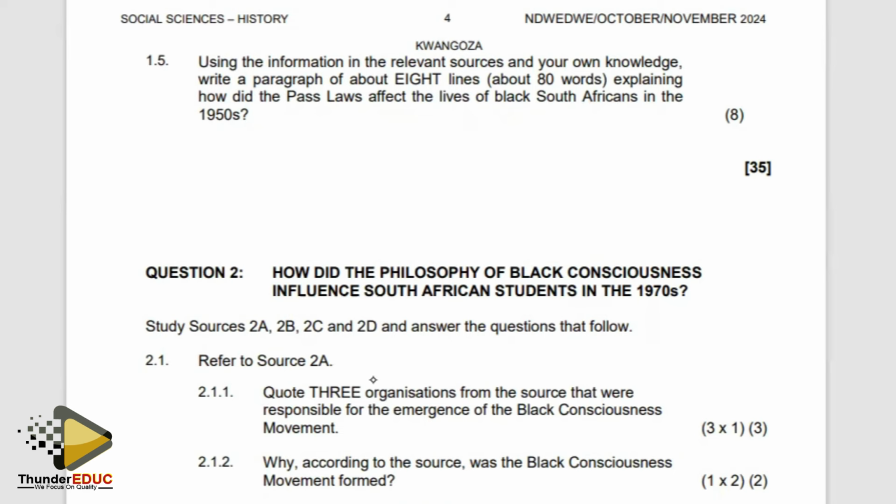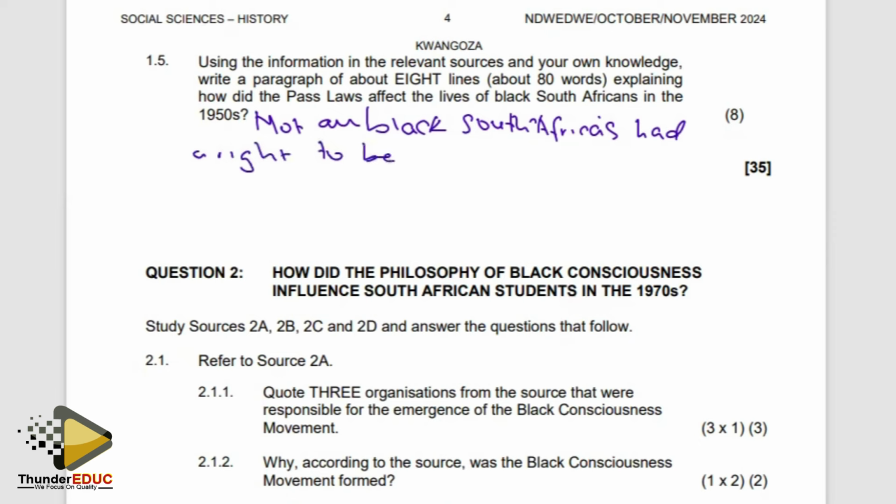For example, you can say, not all Black South Africans had the right to become permanent residents of South Africa. Not all Black South Africans had a right to become permanent residents at that time.